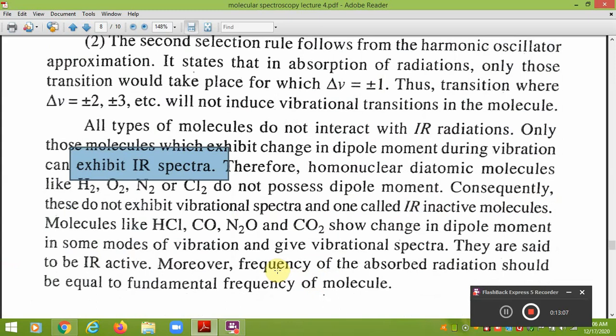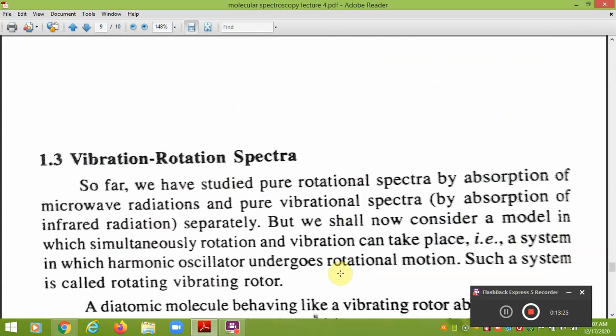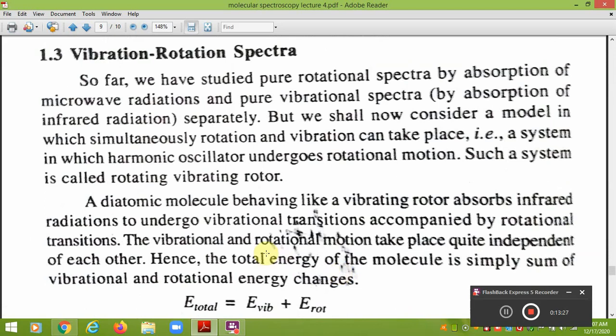These are called IR inactive. But molecules like HCl, carbon monoxide, N2O, CO2 show a change in dipole moment during the vibrations, so they give the vibrational spectra, and these are called IR active. So this is regarding the selection rule for the vibrational spectroscopy.